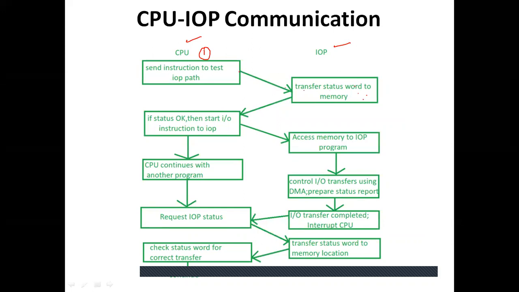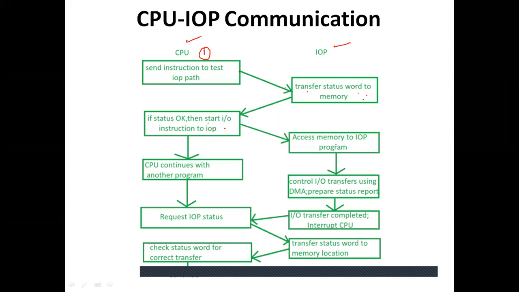After inserting the status word, if the status is okay, then the CPU sends a start IO instruction to the IOP. So IO instructions are going to be sent. Then accessing of the memory for the IOP program is going to be done. Here, the control of IO transfer using the DMA is going to be done.